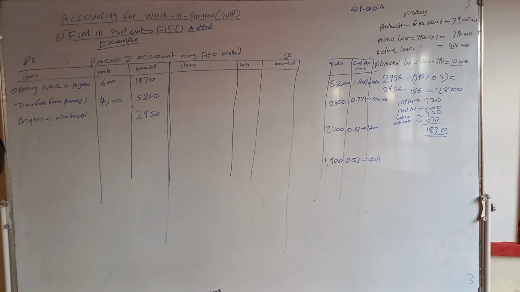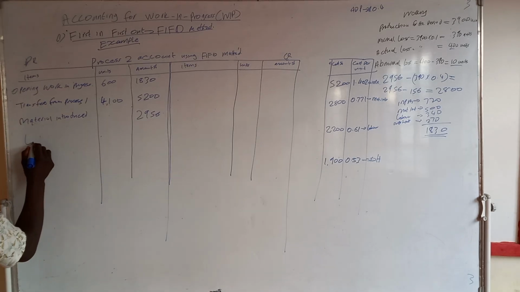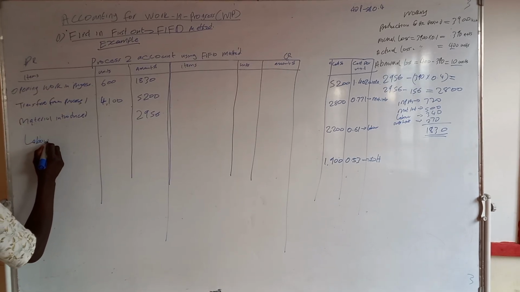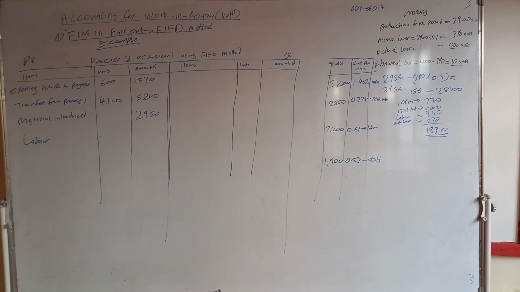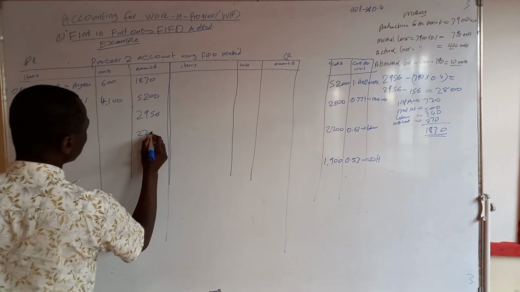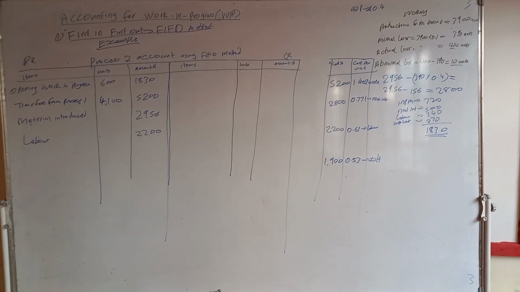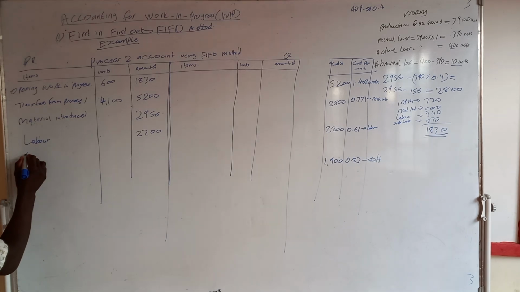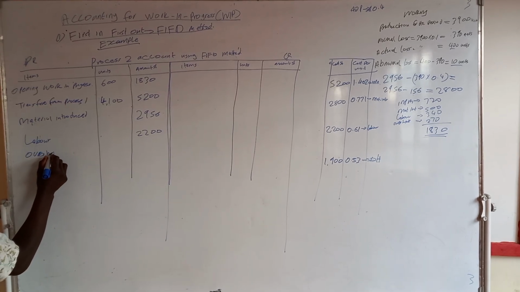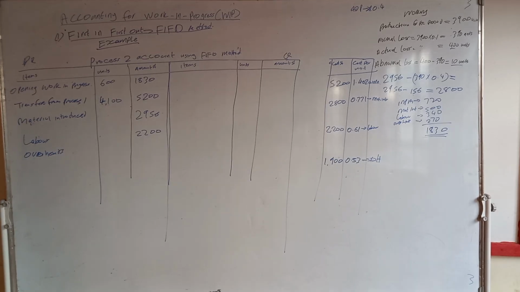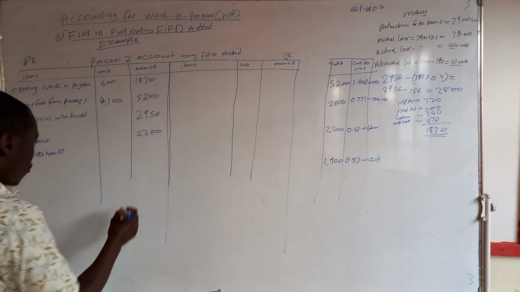That one we were given. Labor we are told to be 2,200. Then when we have overheads, which is 1,000.